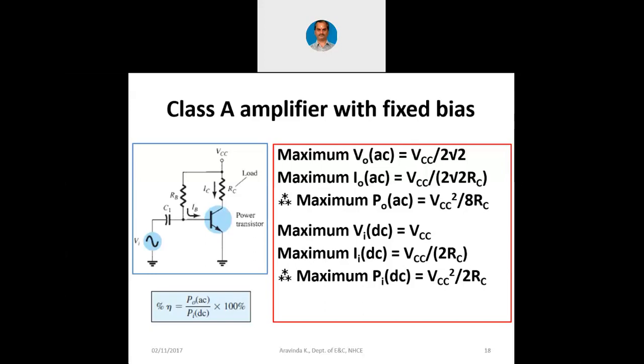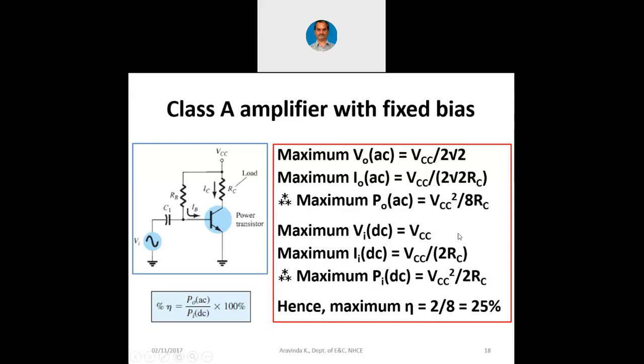So now the maximum efficiency is what? P0 AC divided by Pi DC. You already have both the expressions here. You have maximum P0 AC here, and we have maximum Pi DC here. So what is the maximum efficiency in this case? It is evident directly here. That is going to be 2 by 8.